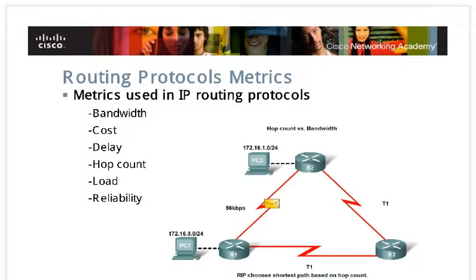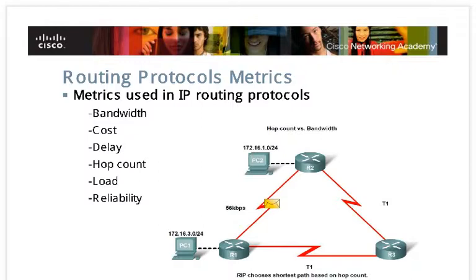So the cost might be another possibility of the metric. The delay is the delay that I will take. Bandwidth and delay can be interchanged because they have a one-to-one relationship, more or less. Hop count, of course, and the load.